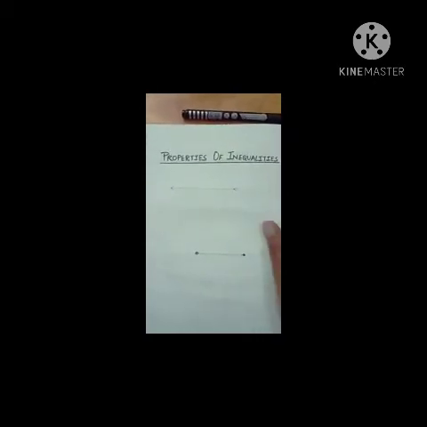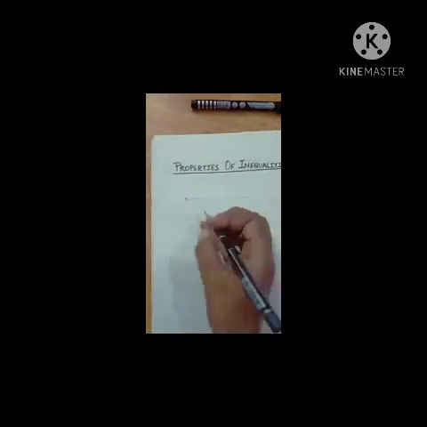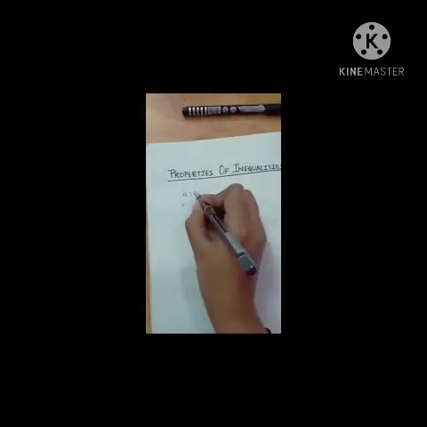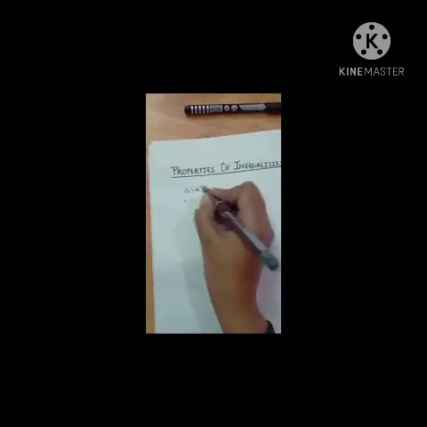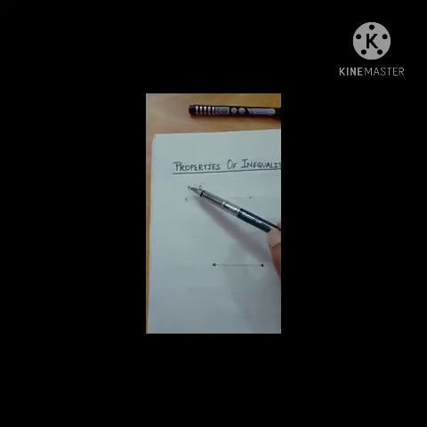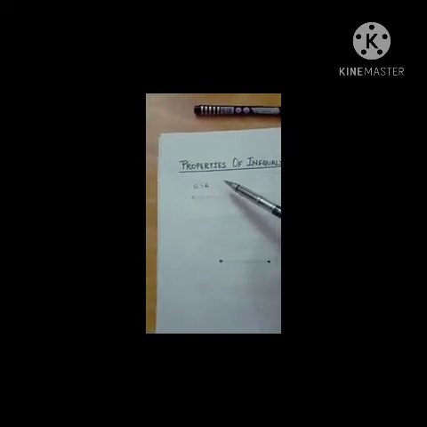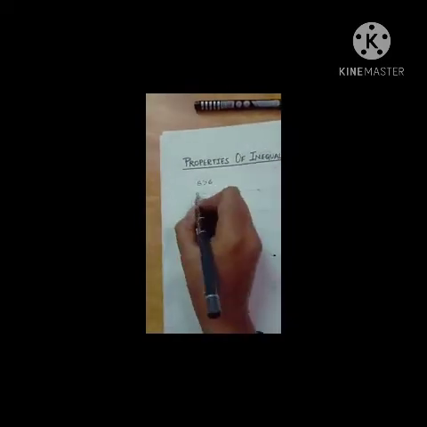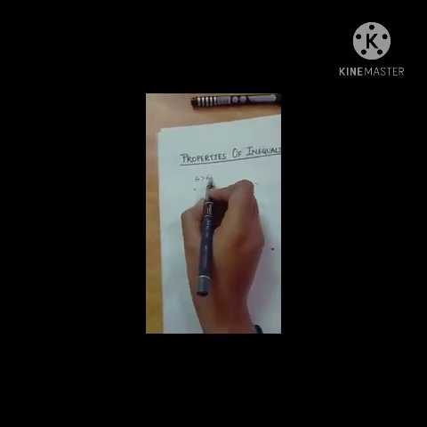Suppose I write that 8 is greater than 6. This is an inequality. Now the first property of inequality is that an inequality remains true on adding the same number to each side. What does it mean? Suppose I add 2 here and 2 here, the inequality remains the same.